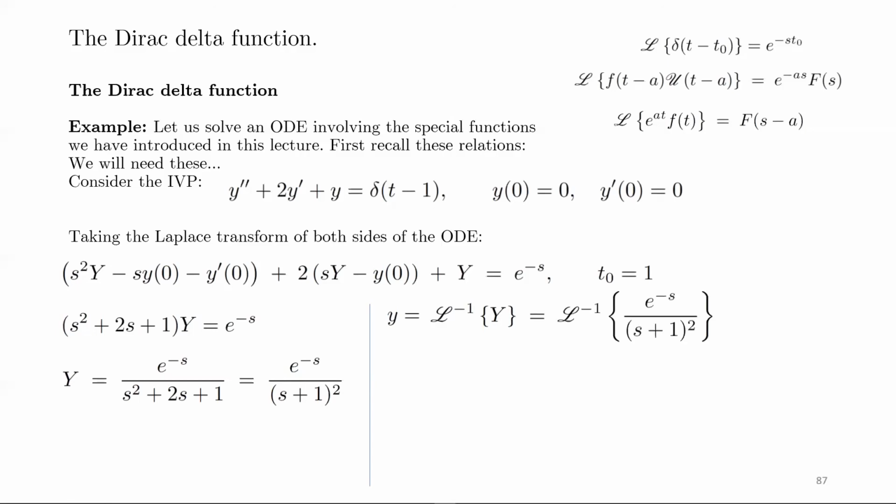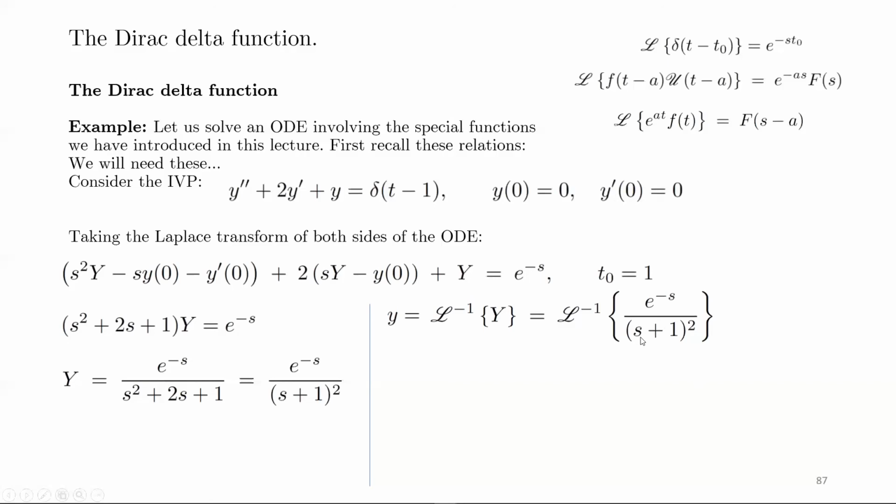So that is equal to the inverse Laplace transform of e to the minus s over s plus 1 squared. Okay, so let's for a minute ignore this exponential term. If I had 1 over s plus 1 squared, and I was trying to take the inverse Laplace transform of that, what would I have? Well, this is going to be a first translation theorem case, because if I had 1 over s squared without the plus 1, I would just get t.